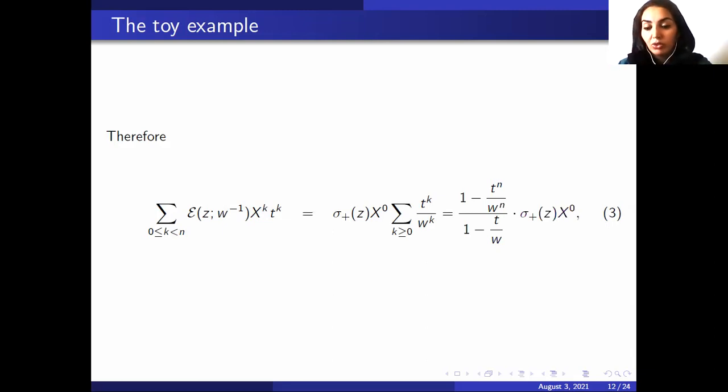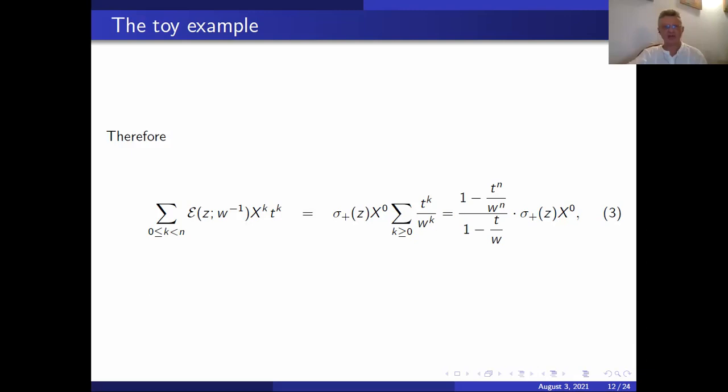Yes, I think that probably you want to write that k is from 0 to n minus 1. Exactly. We are in the finite dimensional case.